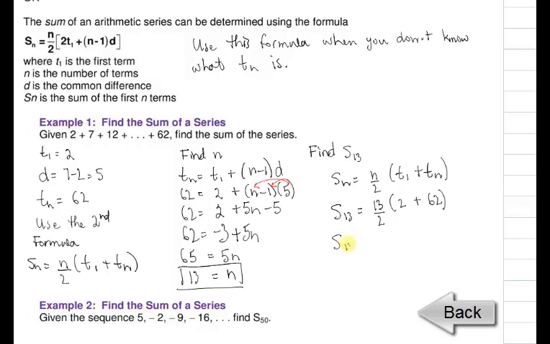And using order of operations, I'm going to simplify what is on the right. So 13 divided by 2 is 6.5. 2 plus 62 is 64. And 6.5 times 64 is 416. And so the sum of the series is 416.